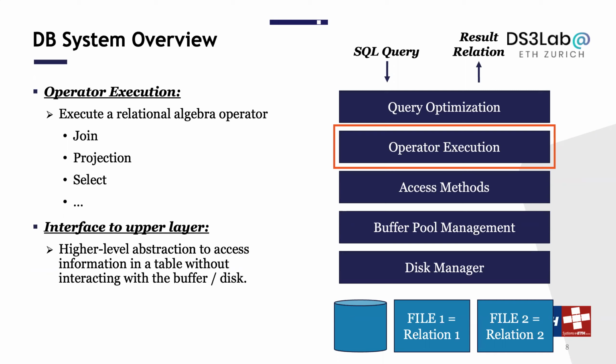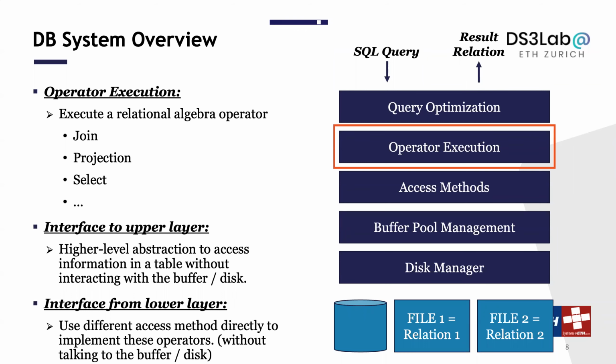Instead of saying, okay, I want to access information using a B-tree, you just say, I want to do the following relational algebra operator: I want to join R1 with R2. If that is what you tell the operator execution layer, it's going to automatically run that for you by picking the best access method. You do not need to deal with the access method layer.